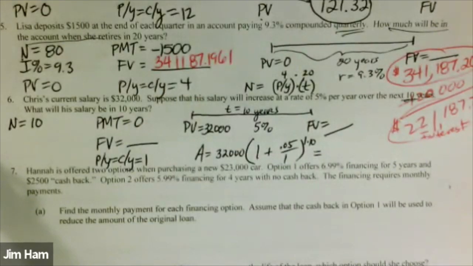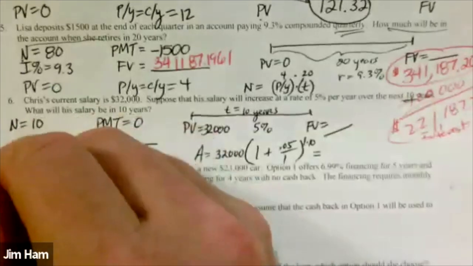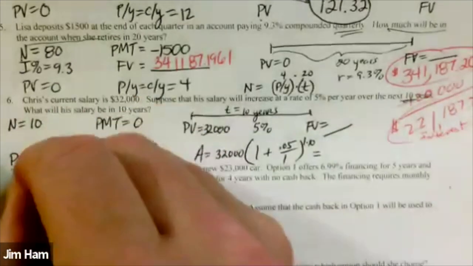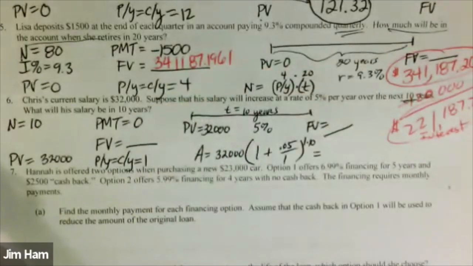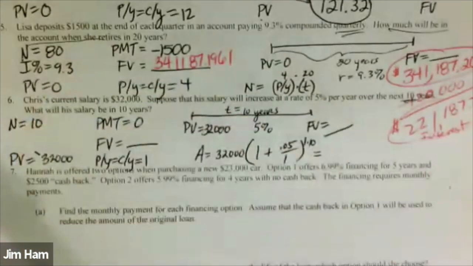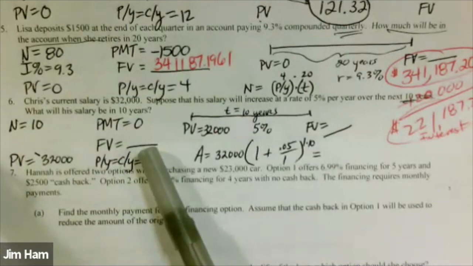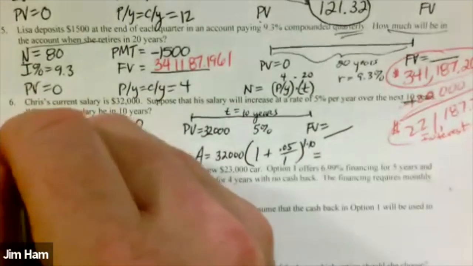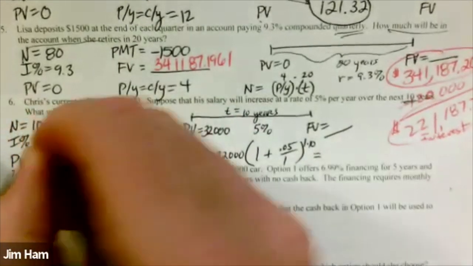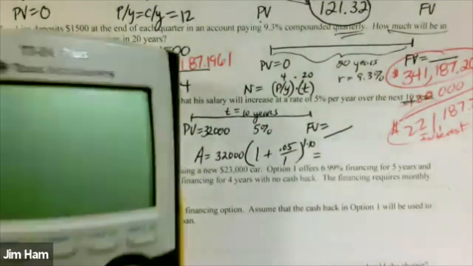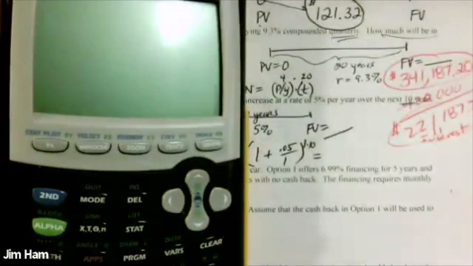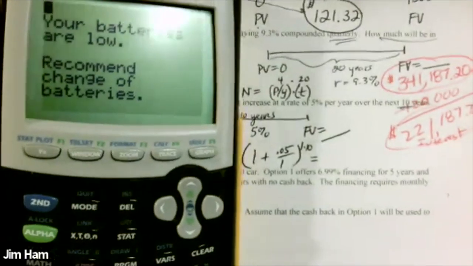Now, you could say, well, in a situation where he gets a bonus, that would be something added on, but there is no mention of that in this problem. Present value is 32. And the way the formula works, we would put a negative to that. The positive would come out in the future. And the I% is 5. So no matter how you do it, you're going to end up with the same exact number, generally rounded to the same number of decimal places.